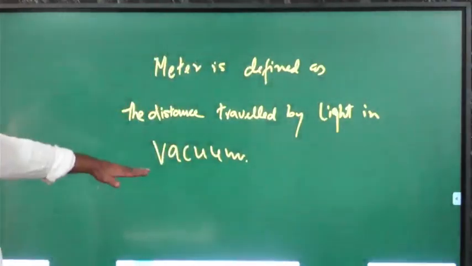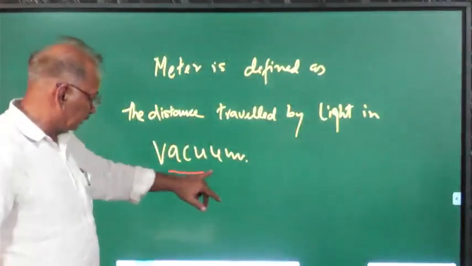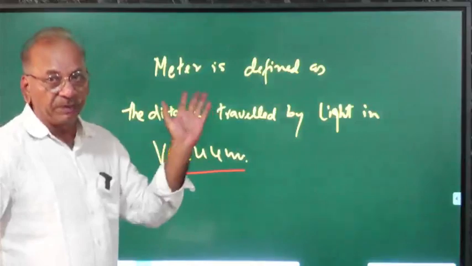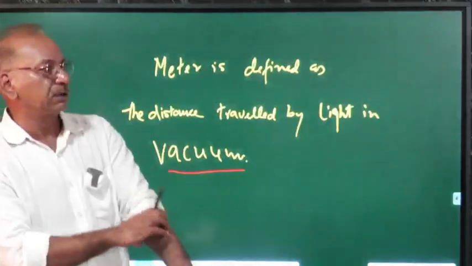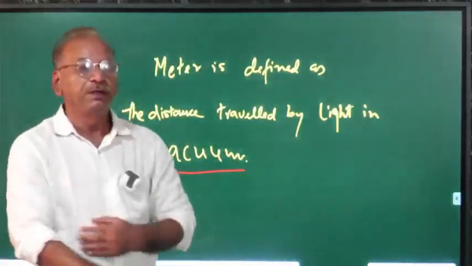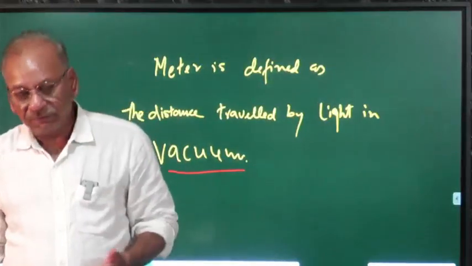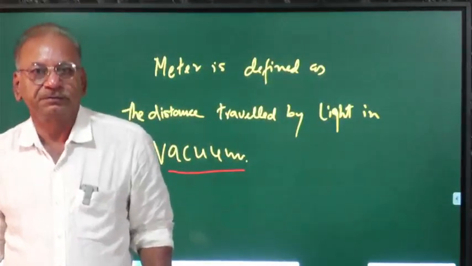Here, this is important: light in vacuum. Although so many other conditions should also be defined, at present we are not concerned with it.